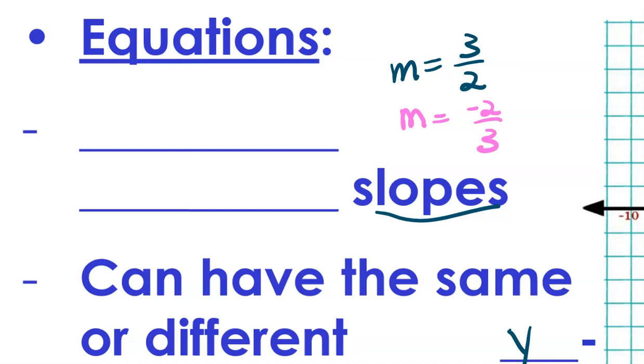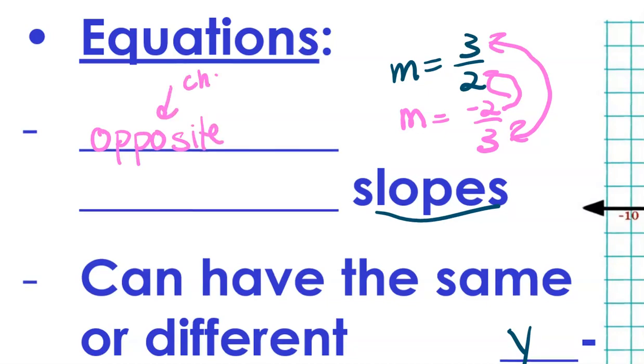If we look at those two slopes, you may notice that this is just the fraction being flipped, but then it's also changing signs. What we call that is an opposite. That's the changing signs part.